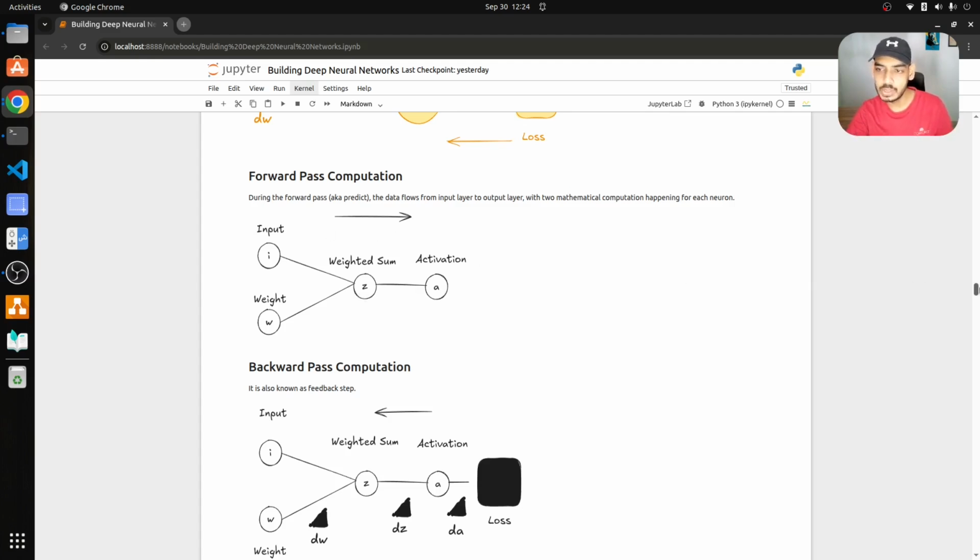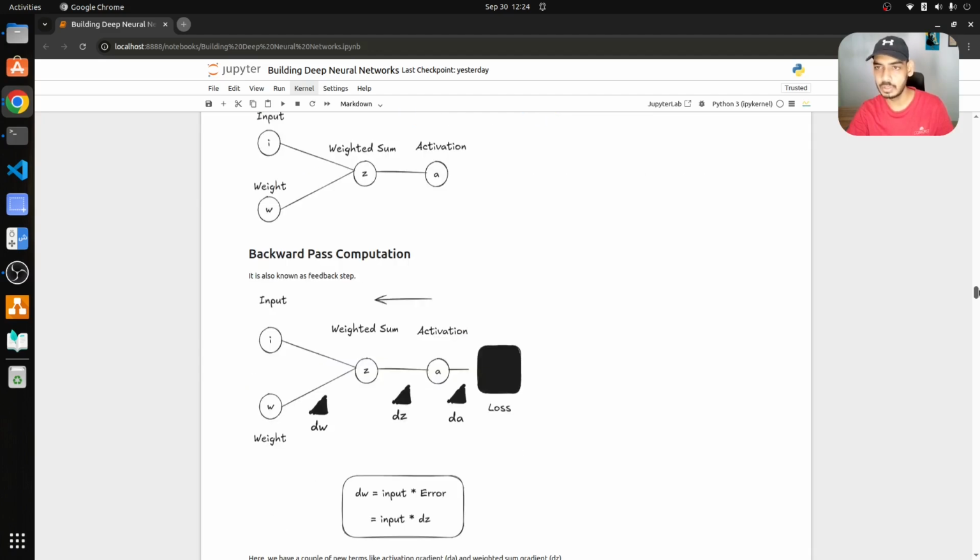Then we pass it to the activation function, and this is the flow for it. Now we want to do the backward computation such that we can update the weights and parameters. Once you are at the end after the activation function, we get our error value or loss value from the loss function. Now when you go back, you want to update your activation, then your dz, which is the weighted sum, which will basically update your dw.